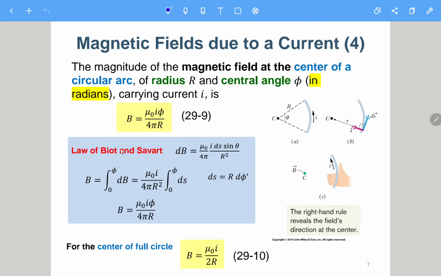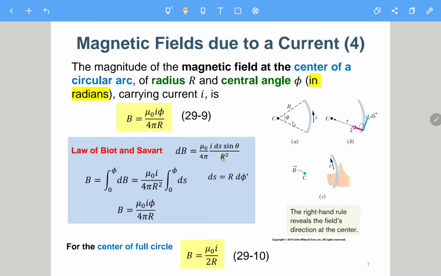The derivation for this formula is like this. You can see this is the Biot-Savart law as we mentioned. The only difference is that we use capital R here because it is a circular arc, so R for this case is a constant. And then B here is the integral of dB from 0 to phi.